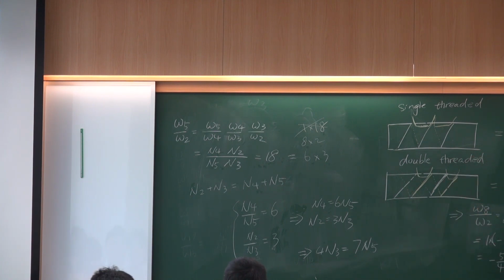So just trying to decide it. So right now, if I have N4 over N5 is 6, N2 over N3 is 3, then I can get the total gear ratio of 18.